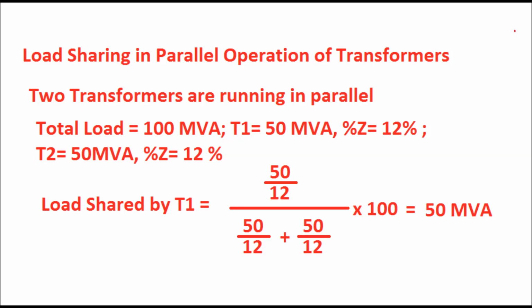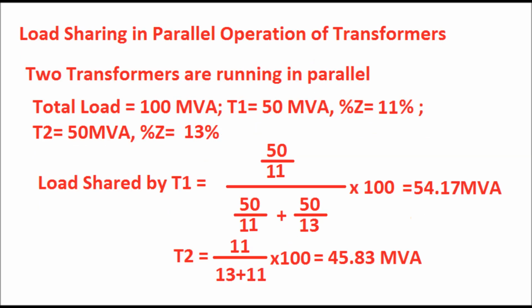Since load shared by the transformer is proportional to the MVA capacity and inversely proportional to the percentage impedance, here the load share will be equal to 50 MVA. Again, load shared by transformer 2 is also 50 MVA, since both the capacity of the transformer is same and percentage impedance is same.